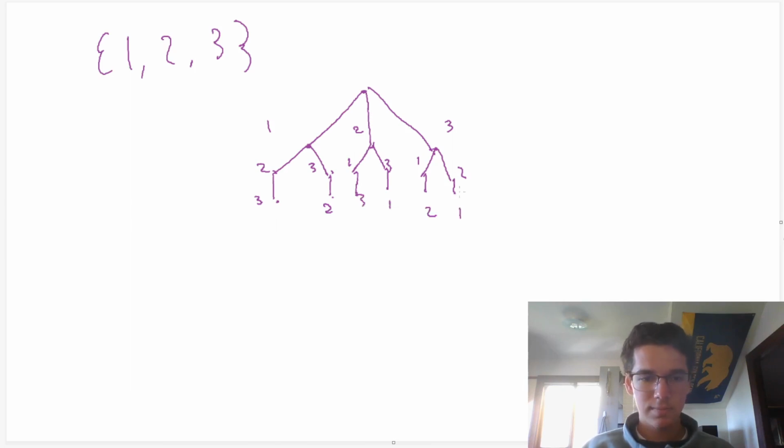And if you notice, as per the above tree illustration, the number of leaf nodes is the number of permutations of this set. And that is 3 factorial, because at the first level we have 3 decisions, at the second level we have 2 decisions, and at the last level we have 1 decision. So that's 3 times 2 times 1.